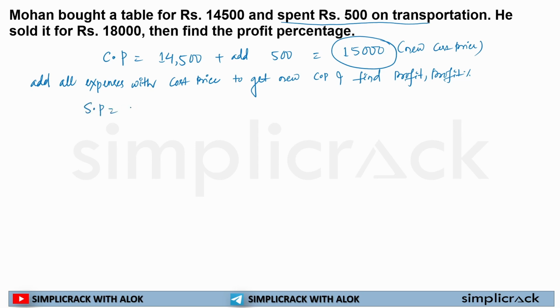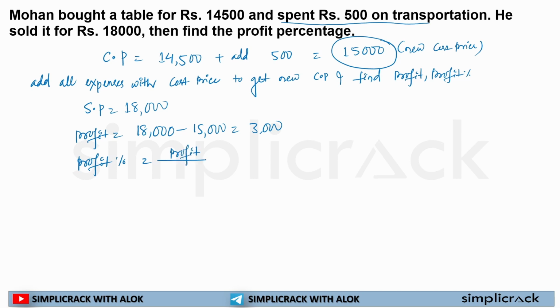Selling price is 18,000, sorry. So profit will be what? Selling price minus cost price, that is 3,000. 18,000 minus 15,000 is 3,000. So profit percentage will be profit divided by cost price into 100.